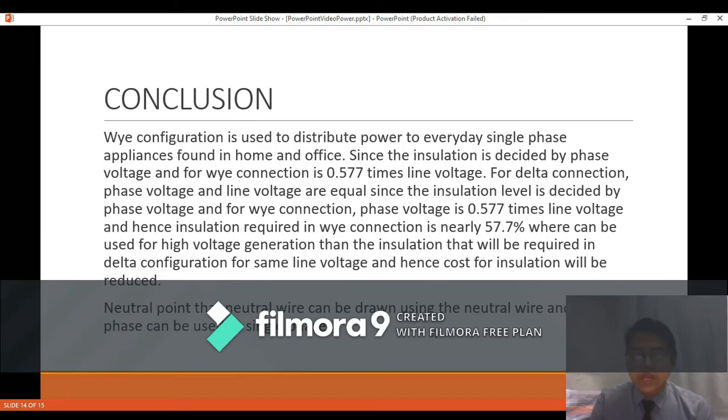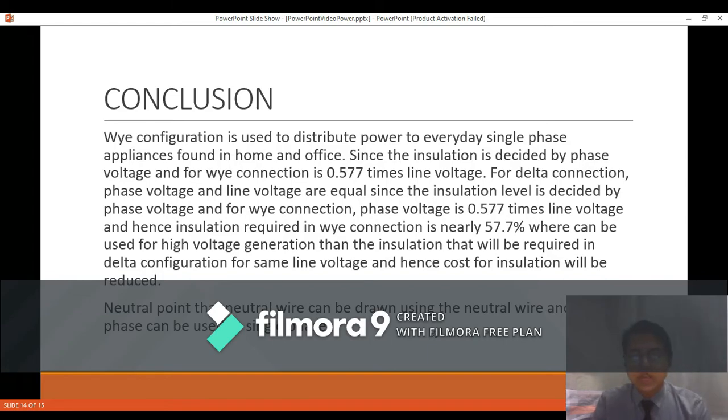Since the insulation level is decided by phase voltage, for delta connection phase voltage and line voltage are equal, and for wye connection the phase voltage is 0.577 times the line voltage. Hence the insulation required in wye connection is nearly 57.7%, so it can be used for high voltage generation.